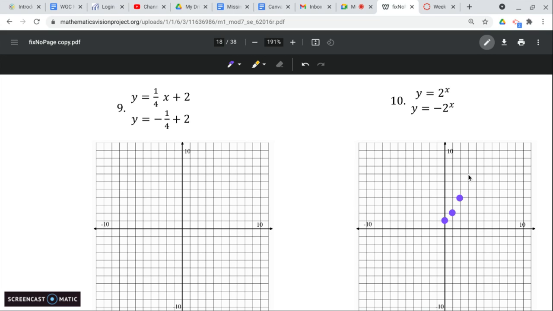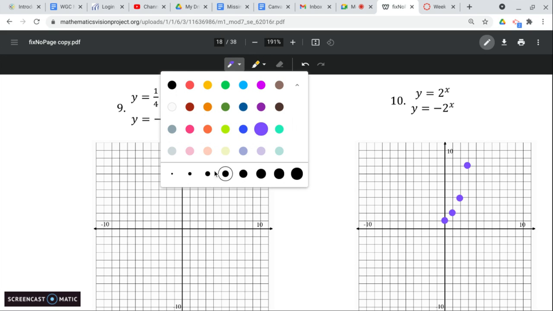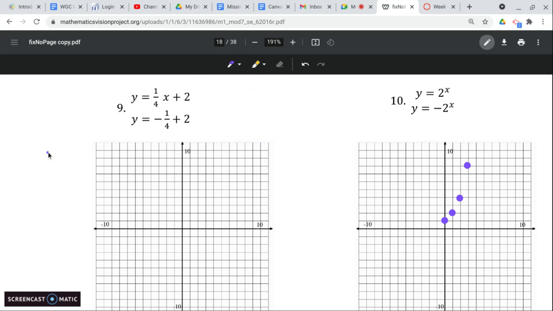And if we plug in 4, we'd get 16, but we can't go that high. So there's our curve. These are going to be a curve because they're exponential. So this is going to look like this, and it's going to approach the x-axis but never cross.